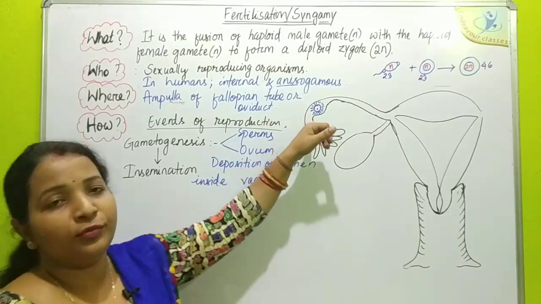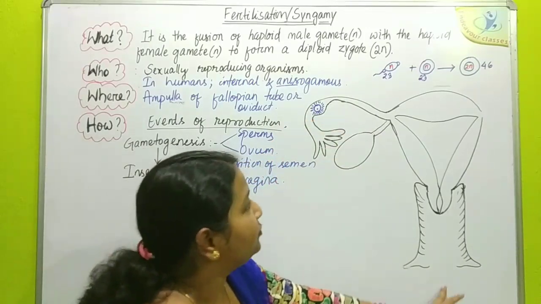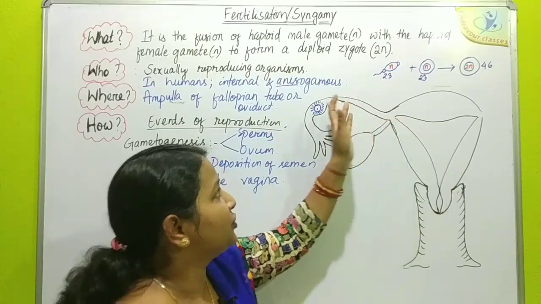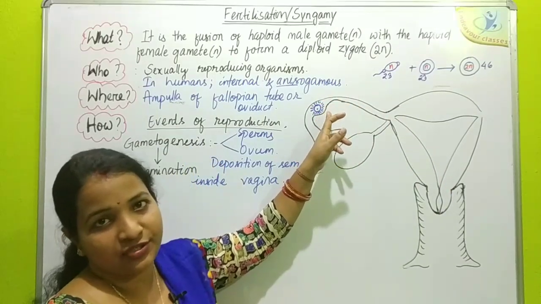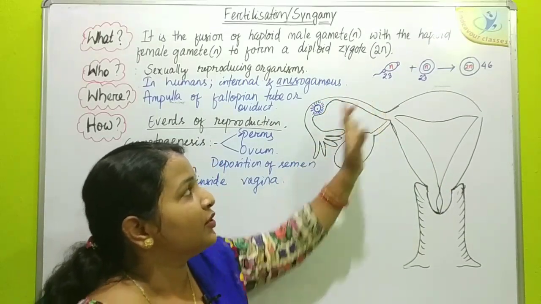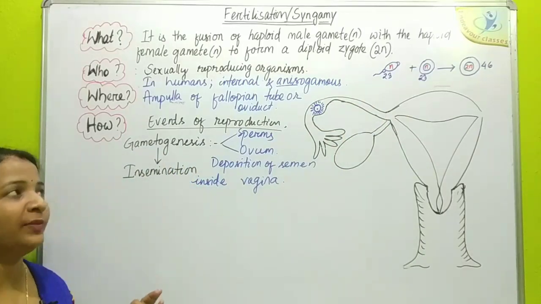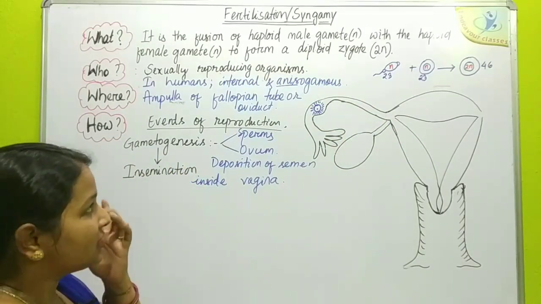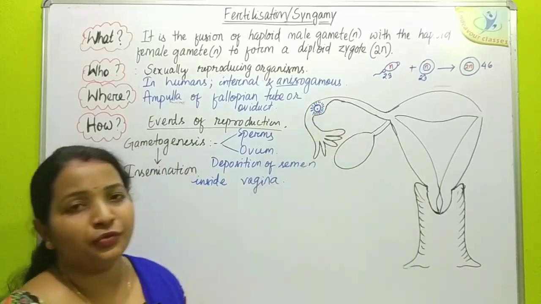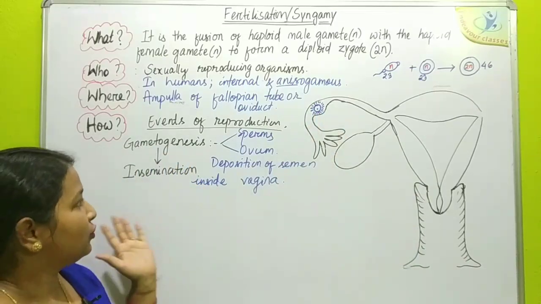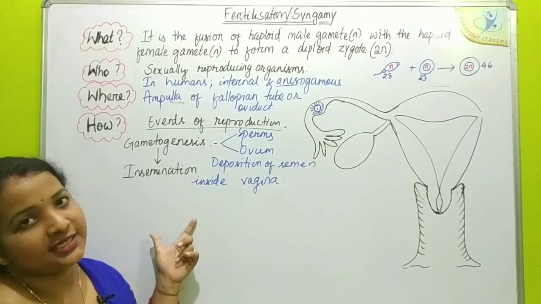So this is non-motile. Sperms have to come and reach the secondary oocyte for fertilization, and that's why the male gametes or sperms in humans are motile, because they have to reach the secondary oocyte for fertilization. So for that insemination is needed.